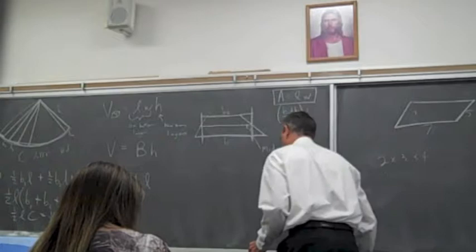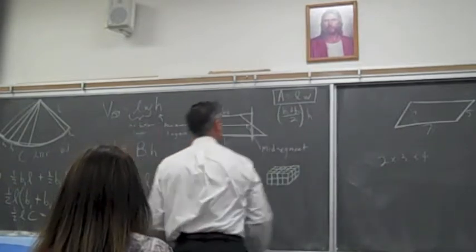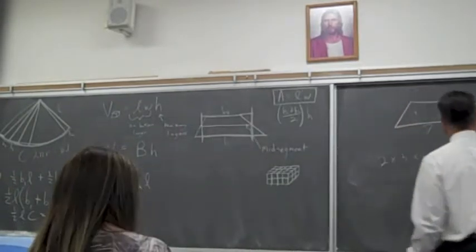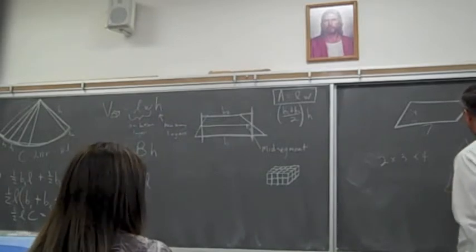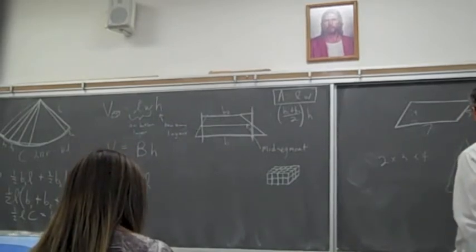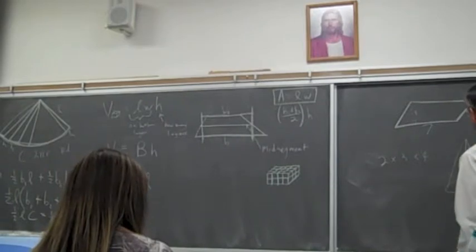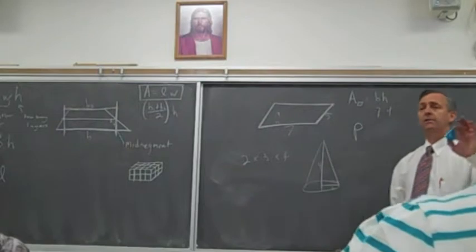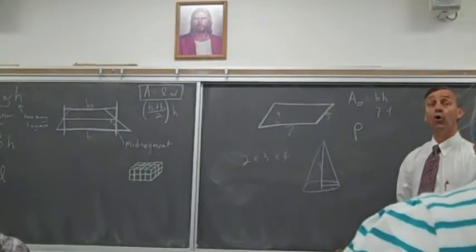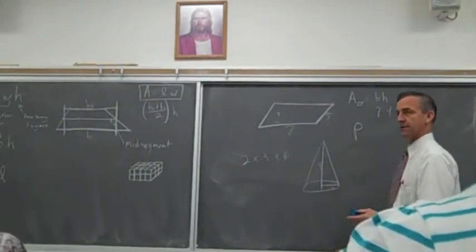Here we go. Now I've got a cone here. This is 3. This is 4. I'd like you to find the total surface area.